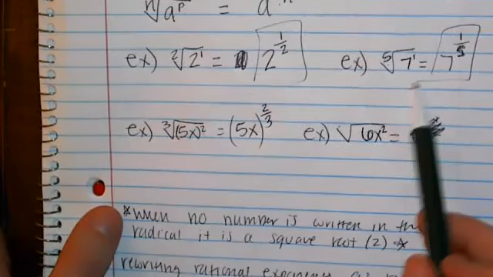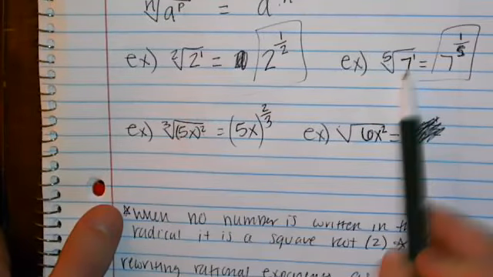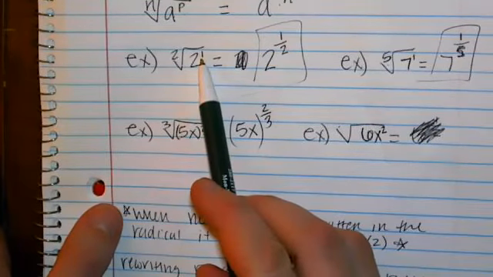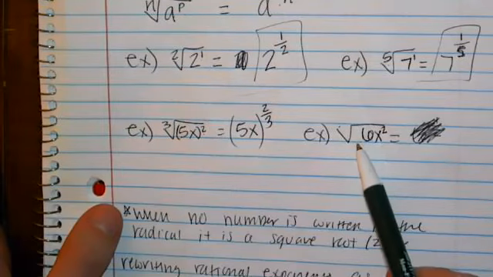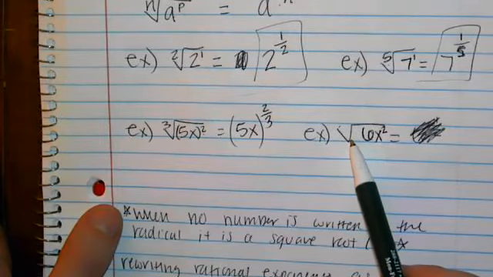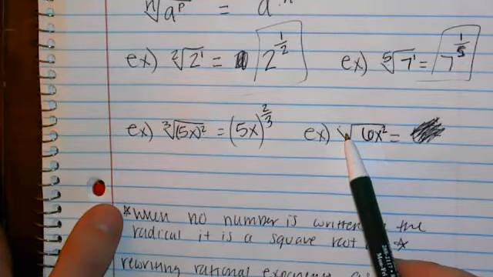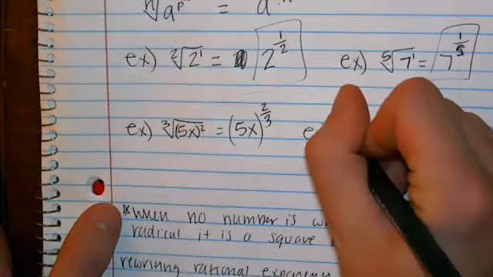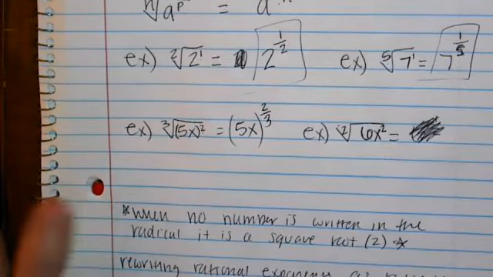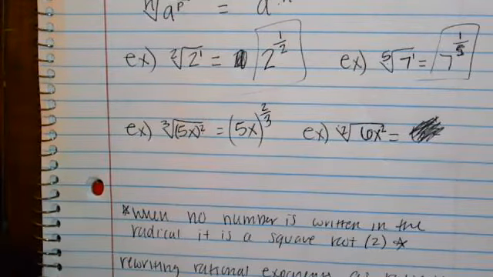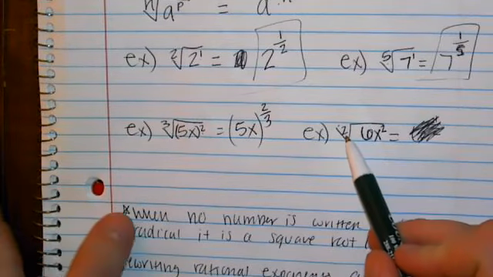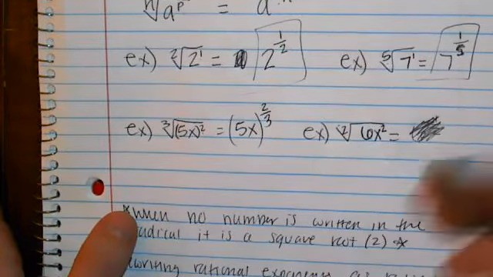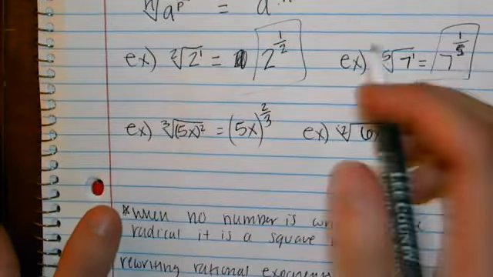So just like up here, how we said if there's no exponent written, that exponent is already 1, the same kind of thought applies to a root. If you do not write a number out in front, it is in fact a square root. That's the first root that we ever talk about. It's the base radical. So if there were no number out here, you assume that it's 1. Or sorry, 2. Backtrack there.